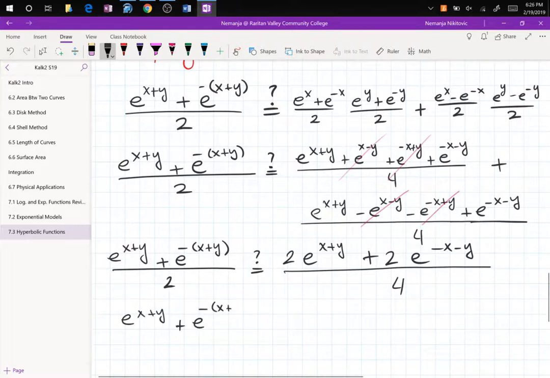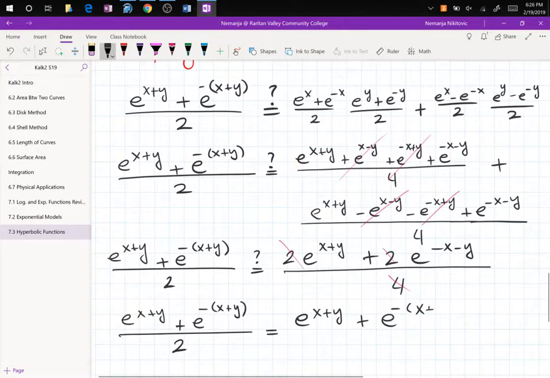Hold on, let's do some integration. Here we go. Factor out 2, cancel with 4. I forgot an E. Hold on. Plus E, factor out the minus. Same. Boom. Done.